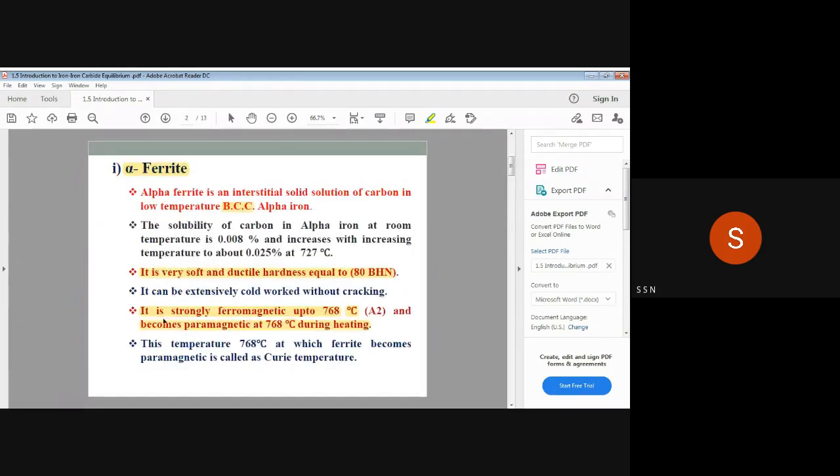So the next point: this temperature, 768 degrees Celsius, at which ferrous becomes paramagnetic, is called the Curie temperature. Important point for multiple choice questions. So which temperature in the iron carbon diagram do we call the Curie temperature?